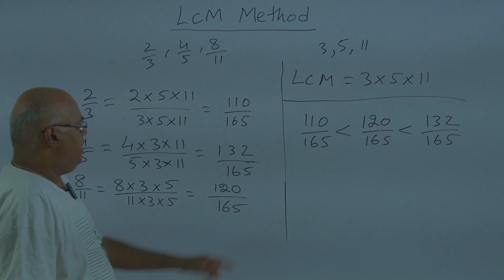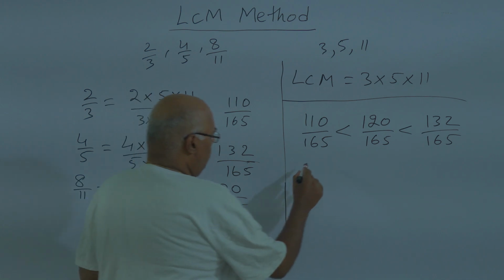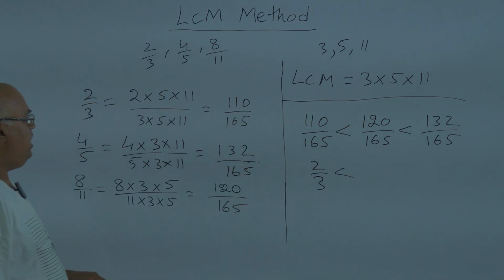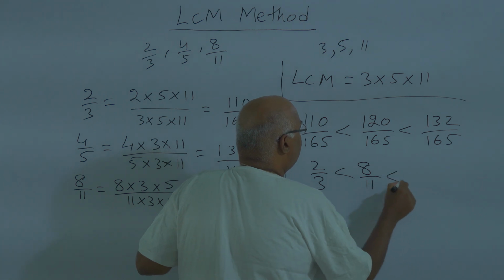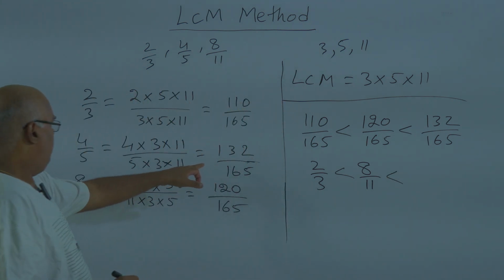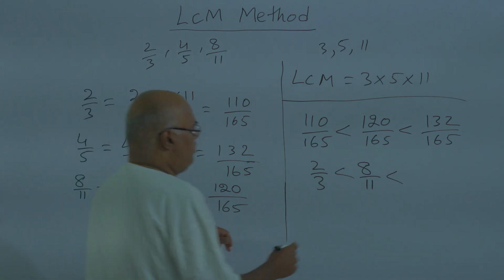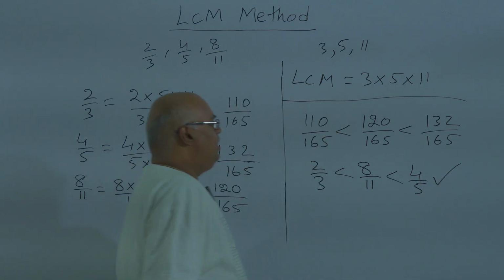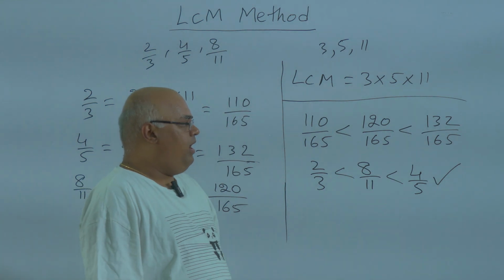Now let us see. 110 by 165 is the equivalent fraction of 2 by 3. 120 by 165 is the equivalent fraction of 8 by 11. 132 by 165 is the equivalent fraction of 4 by 5. So this is the required answer: 2 by 3 is less than 8 by 11 is less than 4 by 5.